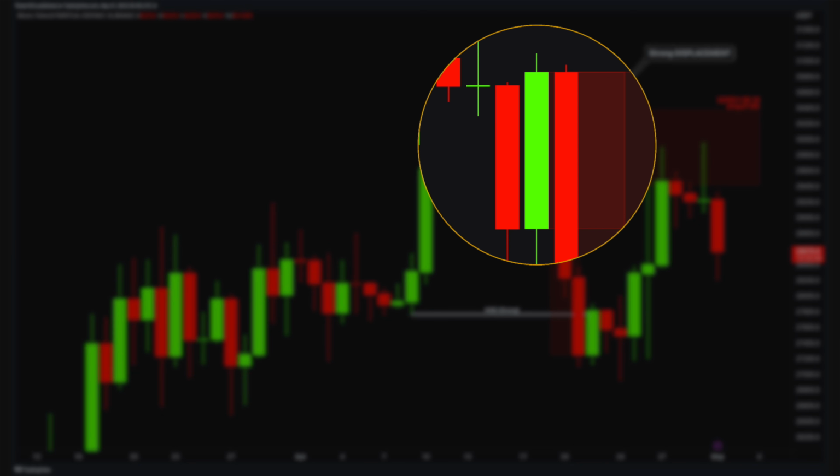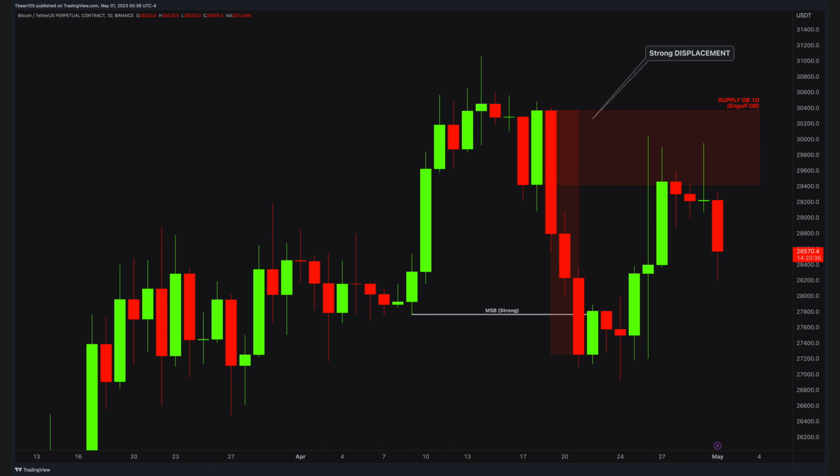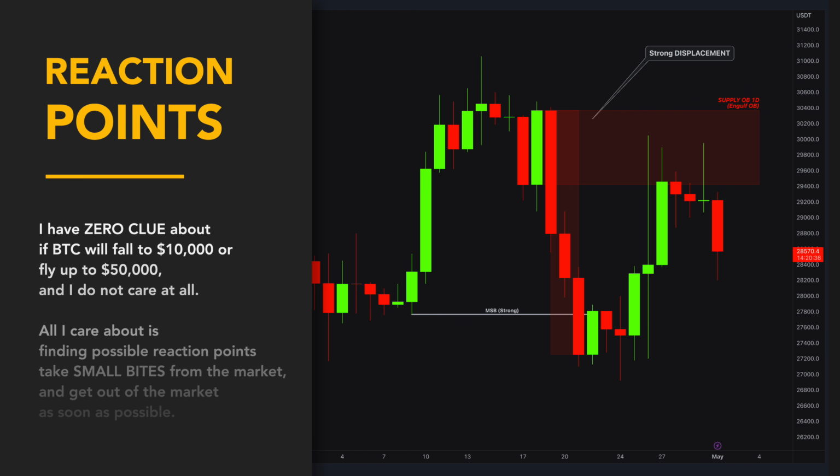Here is my perspective on this chart. Just because I saw a market structure shift, I do not say the trend changed and Bitcoin will go down to $10,000 or something will happen and Bitcoin will fly to $50,000. I do not care about those as a trader. I do not think about uptrend or downtrend.